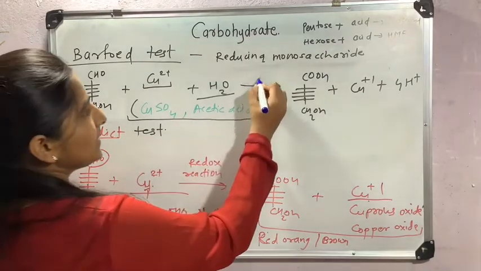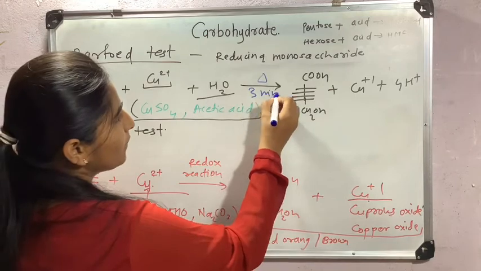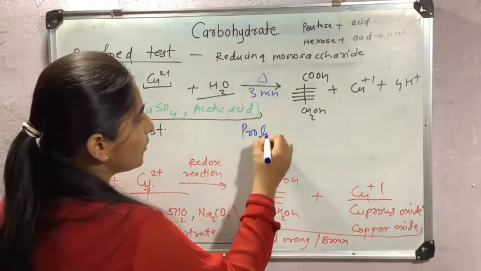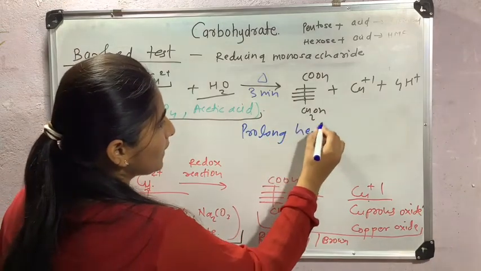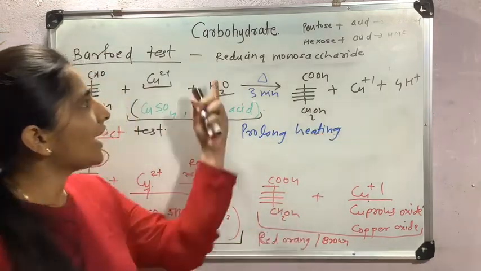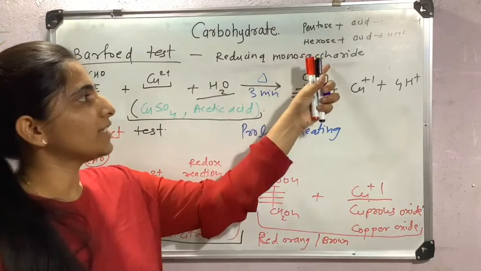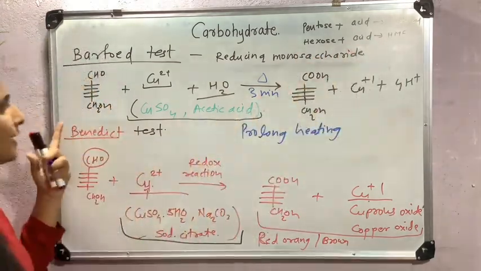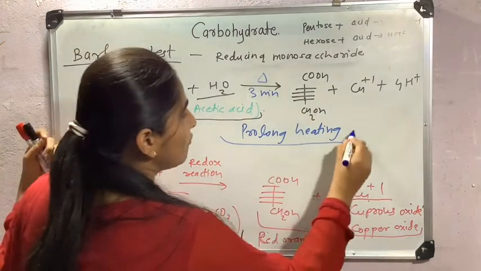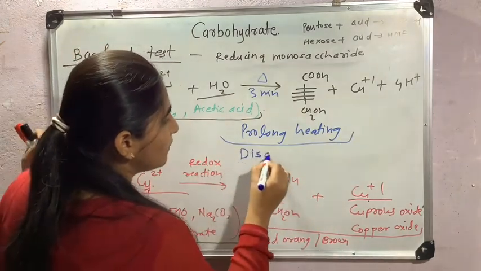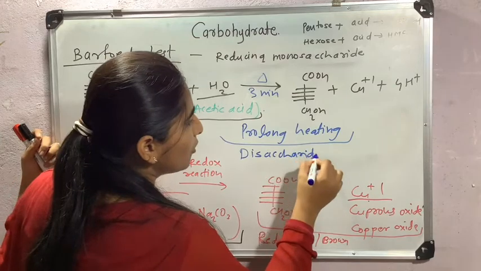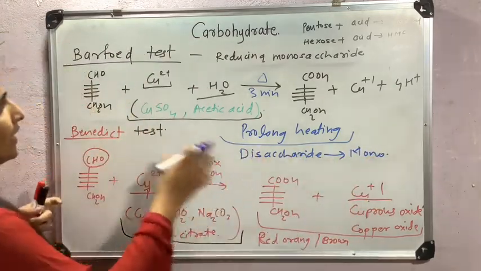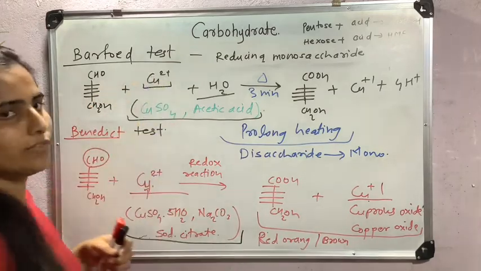Here heating is carried out for 3 minutes, and if there is prolonged heating, remember, here we have to distinguish reducing monosaccharide from disaccharide. If a disaccharide is also present in our sample, then in prolonged heating that disaccharide will convert into monosaccharide, and that would give a positive Barfoed test again.